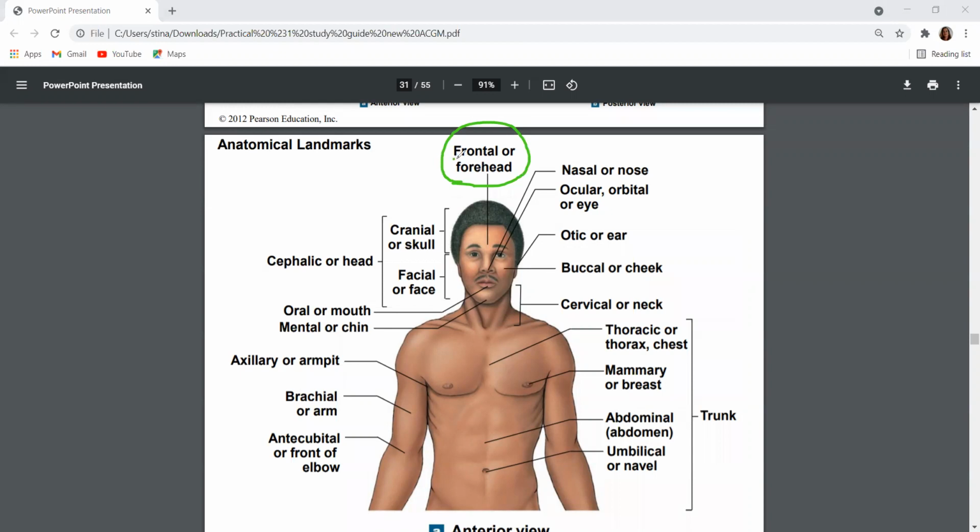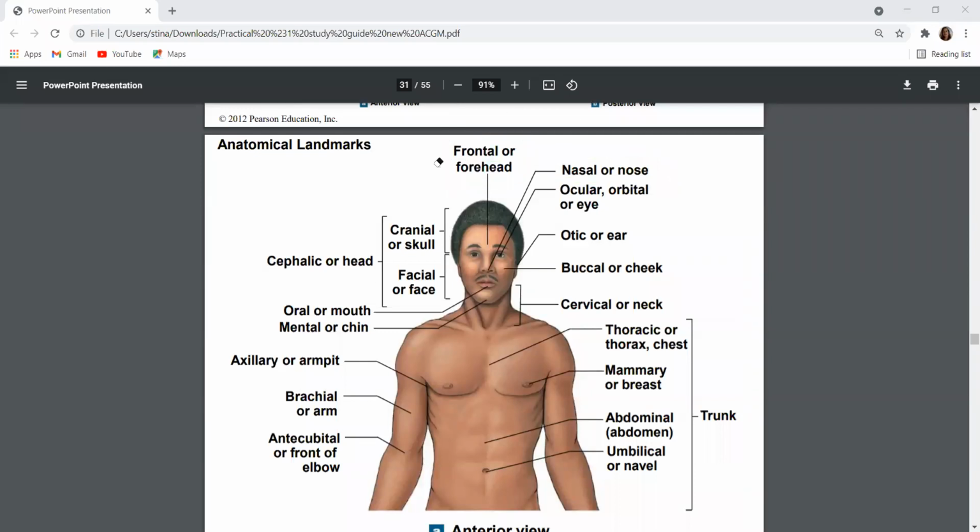So in our A&P lab, if I point to the forehead, you're going to tell me it's the frontal. The same thing, for example, when I'm pointing to the nose, you're not going to tell me nose, you're going to tell me nasal. Okay, so anytime you see there's two words here, you're going to use the first term. You're never going to use the common term. Okay, so let's go through all these together.